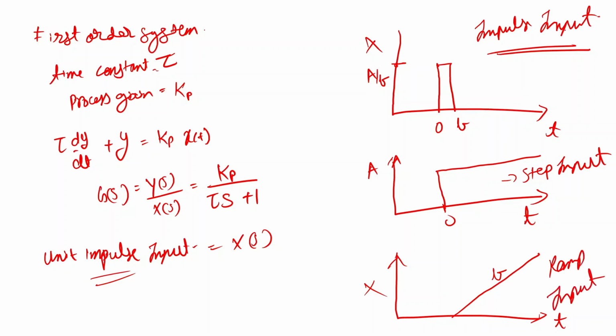So corresponding to this impulse input, we can write the transfer function of impulse input as X(s) is equal to a. Now in our question we have been given a unit impulse input. In case of a step input we write X(s) as a upon s, so the input in the s domain will be 1 upon s.